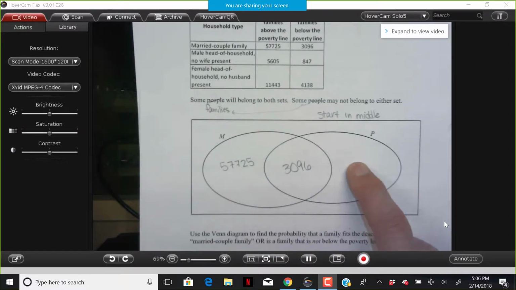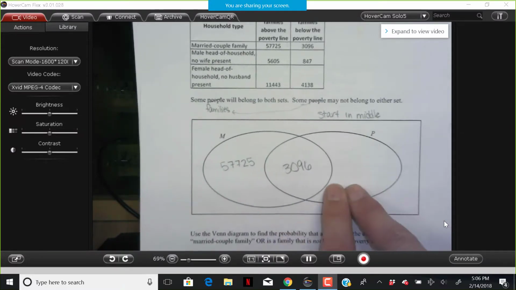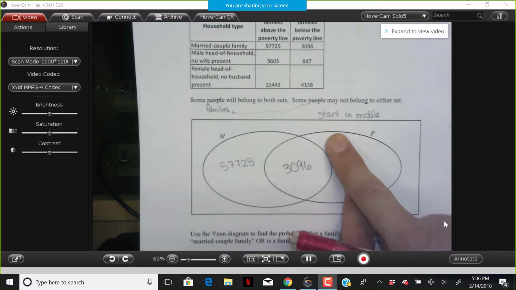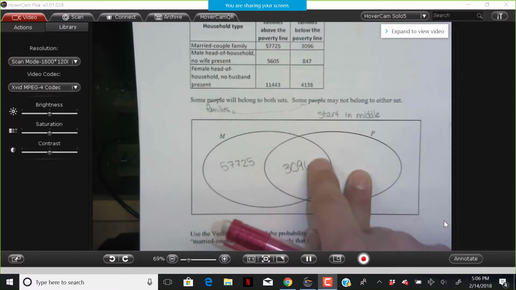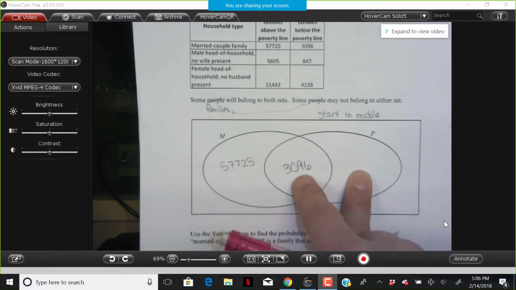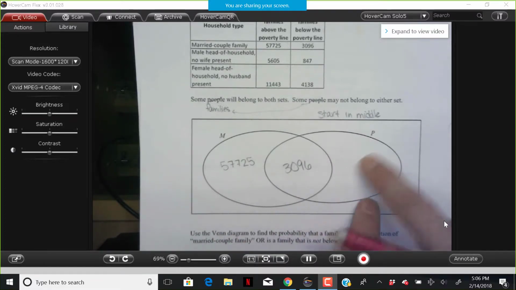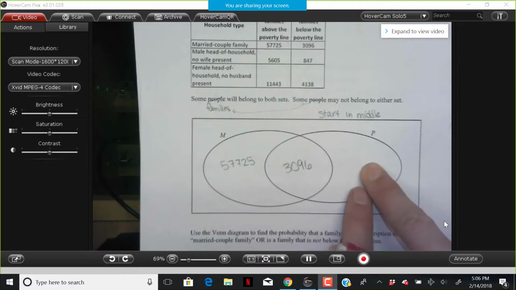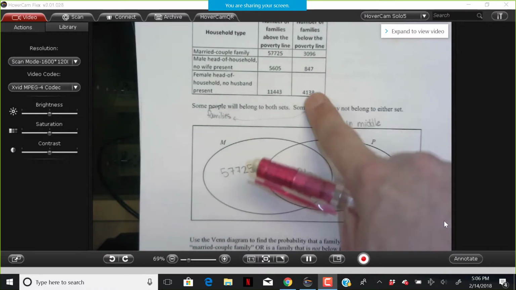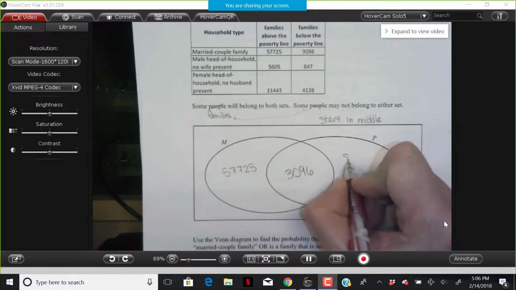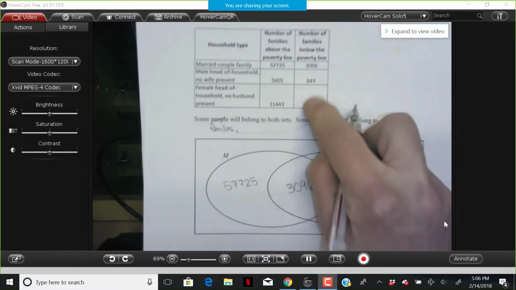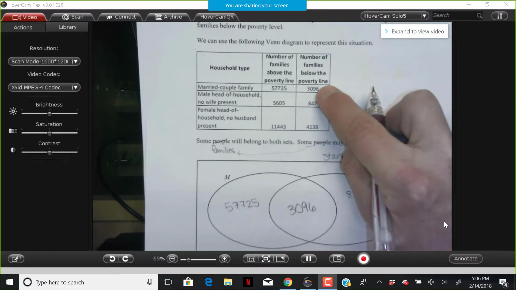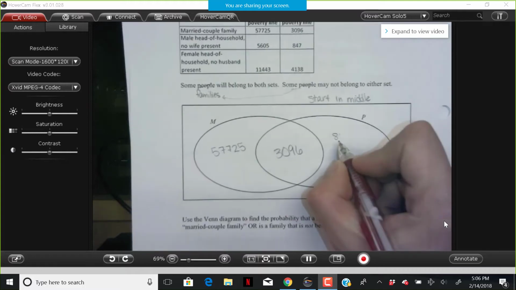Okay, so now I want the people who live below the poverty line, but they don't belong to the married couple circle. So what numbers would we use to get this part of the P circle? The 8081. So no, just these two, because I don't want to count the 3096 again, okay?